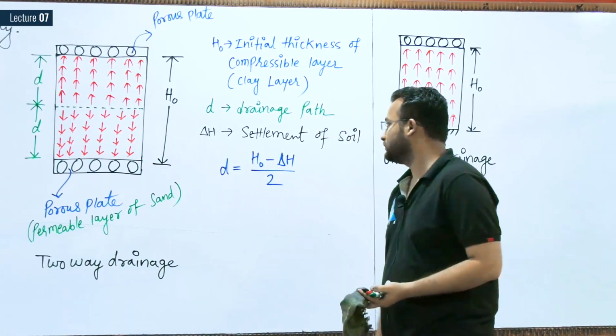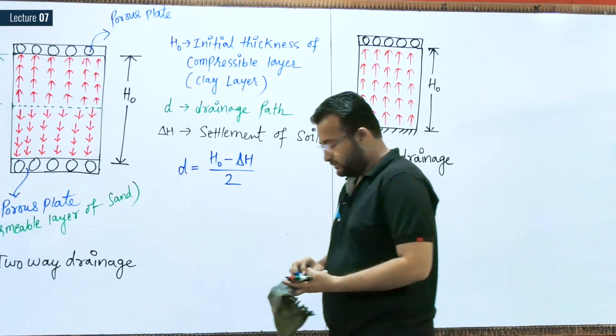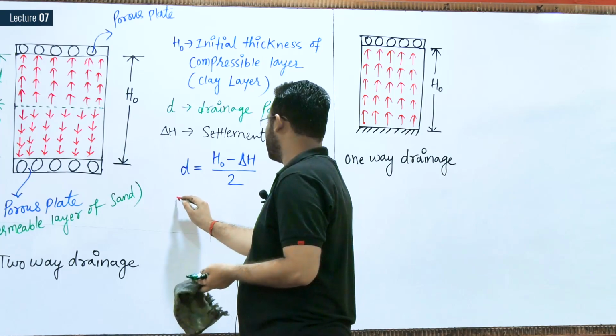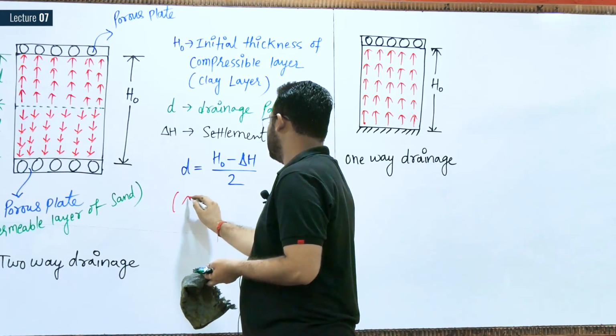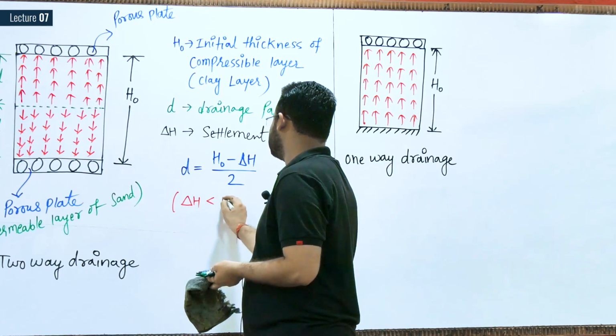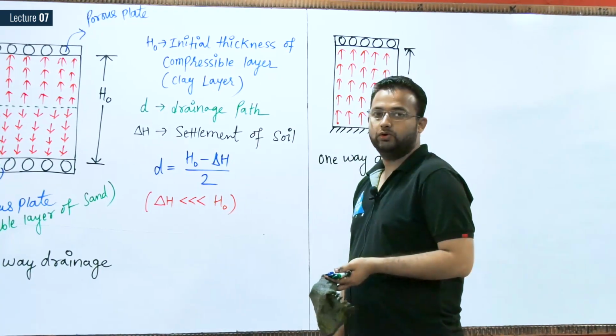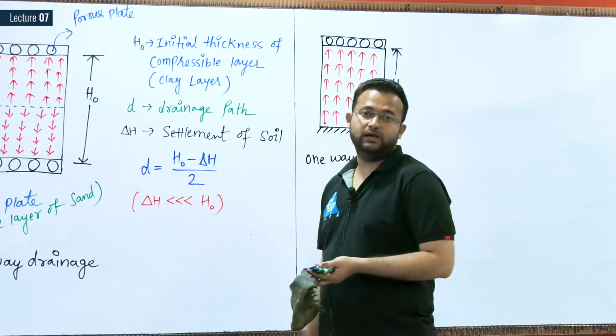One thing people should have noticed here is that delta H is very small as compared to H0. So delta H can be ignored.